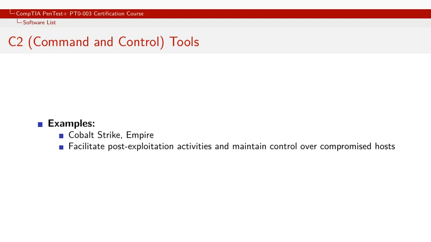These tools are crucial for conducting sophisticated penetration tests because they allow testers to simulate real-world cyber attacks, including how adversaries can maintain long-term control over a target environment. Understanding how to effectively use C2 tools will enhance your capability to identify and mitigate potential security threats, making them an integral part of your skill set as you prepare for the CompTIA PenTest Plus PT0-003 certification.